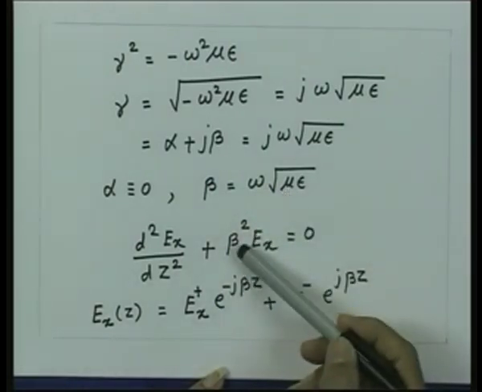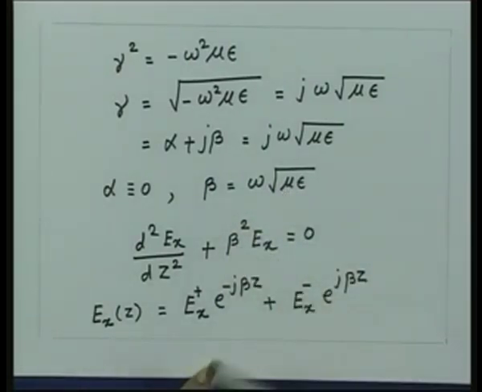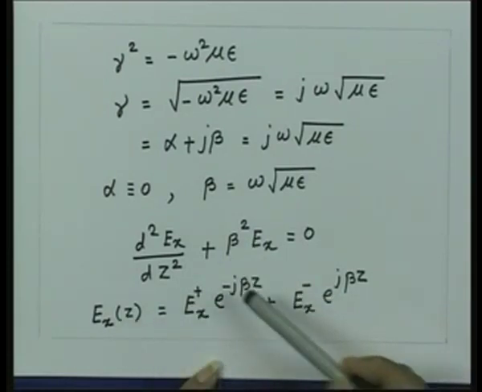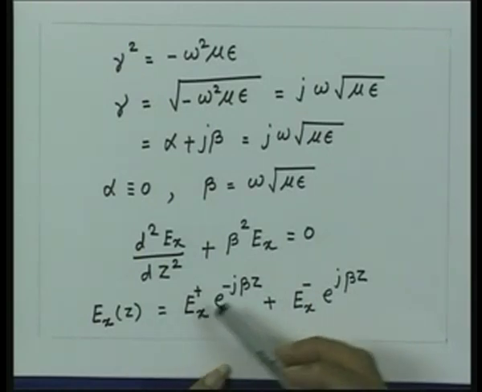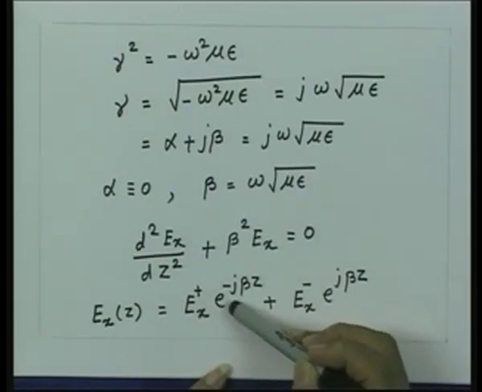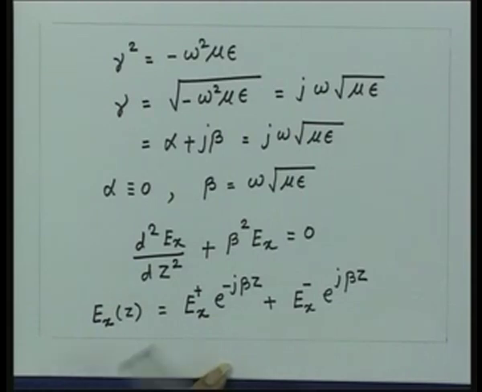And then this second order differential equation had in general a solution which was representing essentially two waves traveling in opposite directions, the positive z and negative z directions, with amplitudes Ex plus and Ex minus.